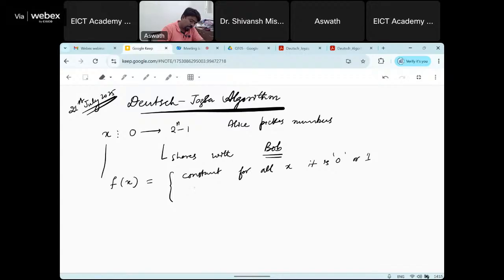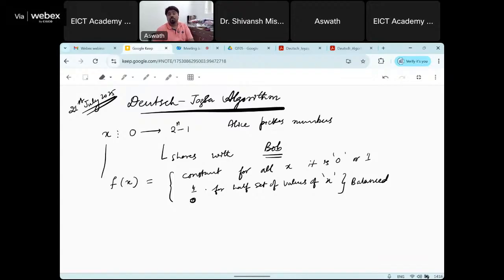Or this function would take 1 or 0 for half the set of values of x, and for the remaining half it takes the other value. So that is a balanced function for you, right? So Bob must use this kind of a function, it can become a constant or a balanced one.